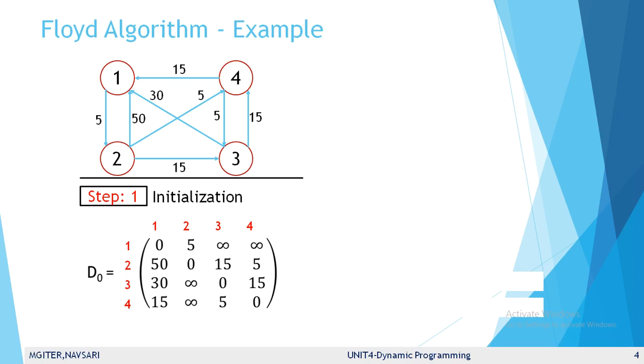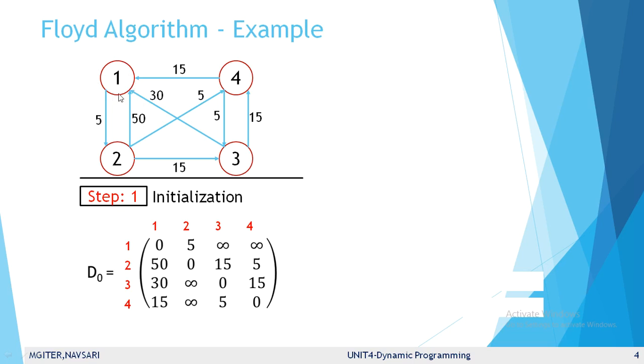For example, the starting vertex is 1, and there is a direct edge to vertex 2, but there may be a shorter distance via vertex 3, or there may be a shorter distance via vertex 4.